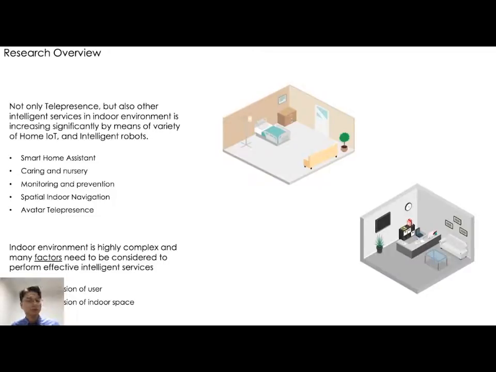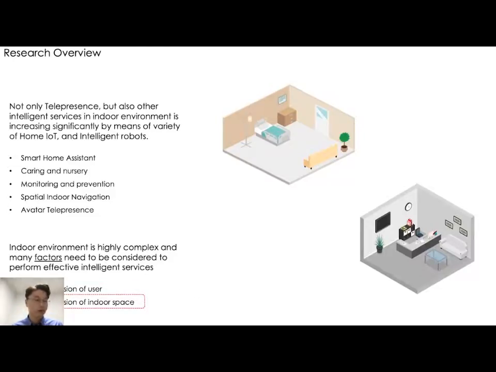We need to do two main things. We need to understand the user, and we need to understand the indoor space, what kind of furniture is placed in the space and where exactly it's located, etc.